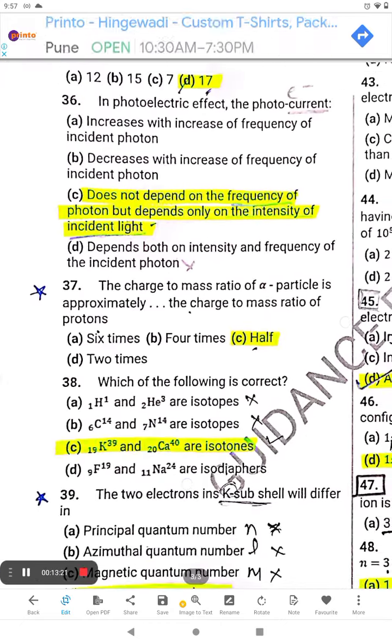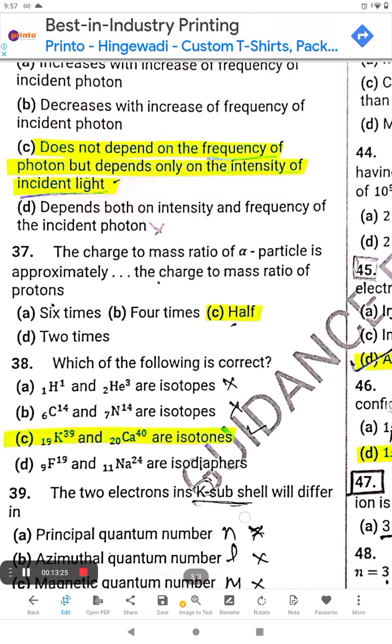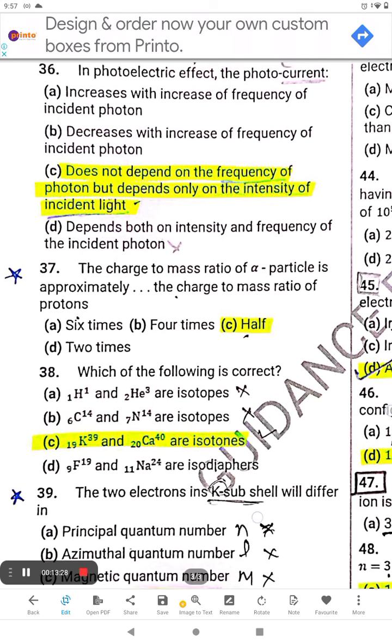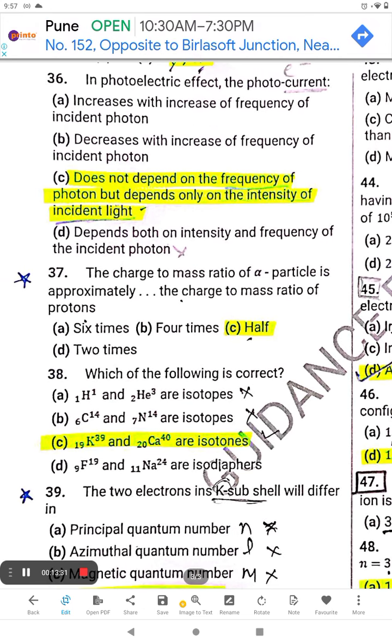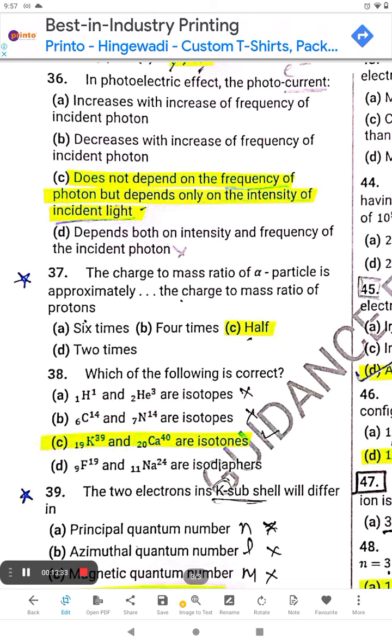Now, the charge to mass ratio of an alpha particle is approximately what multiple of the charge to mass ratio of protons? The charge of an alpha particle is plus 2 and the mass is 4. For protons, the charge is plus 1 and the mass is also 1.